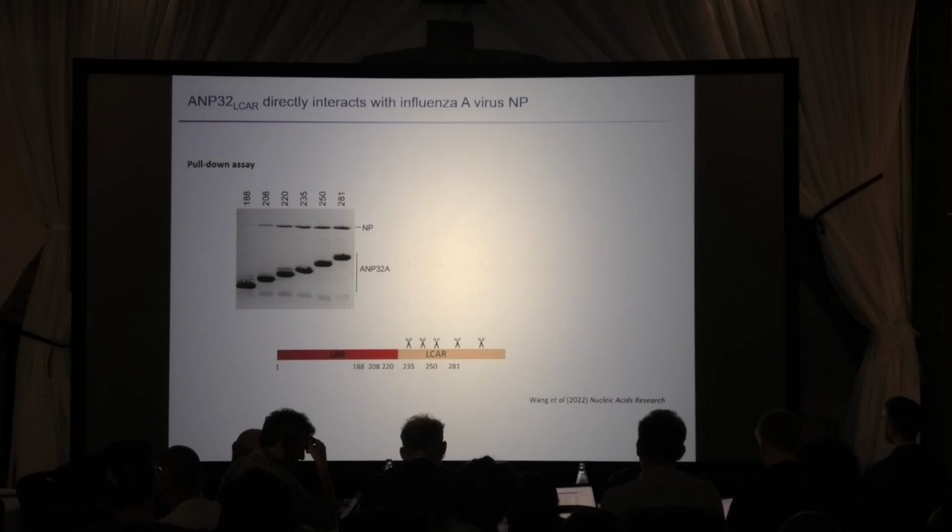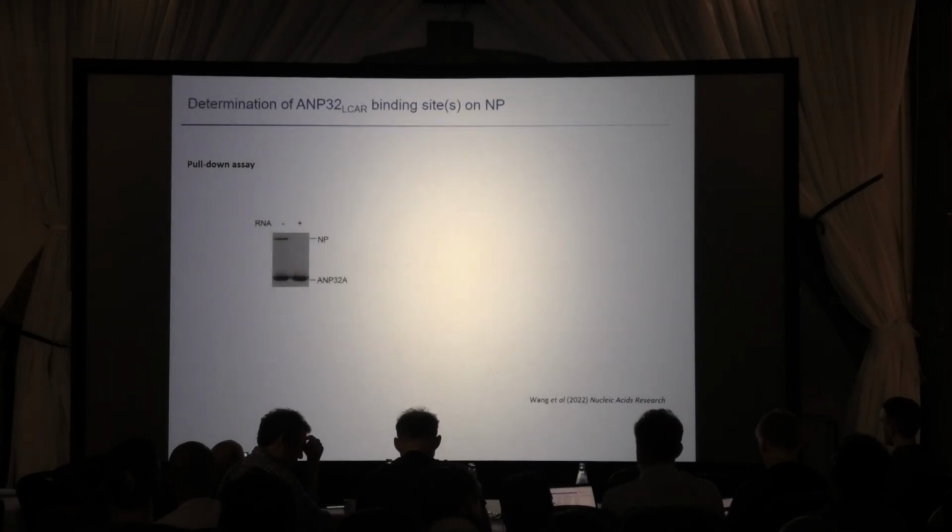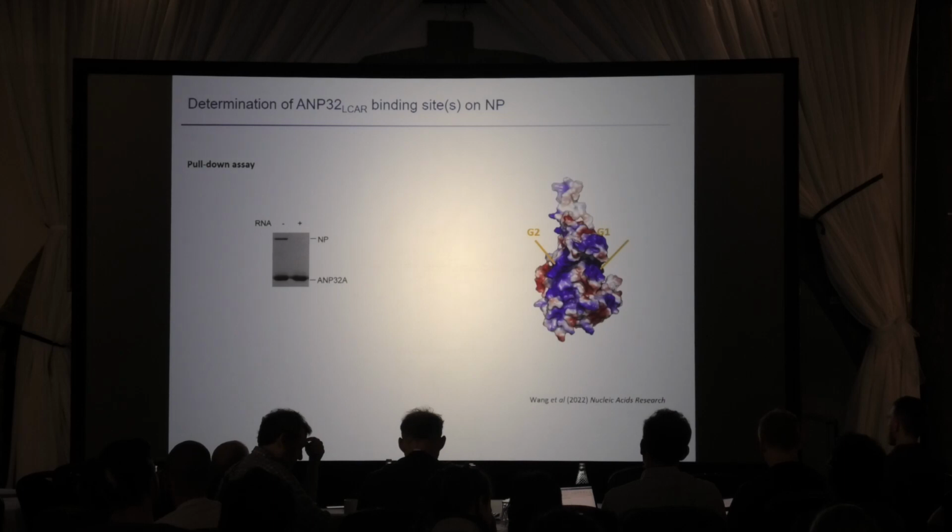So there's some role for LCAR in binding to the nuclear protein. And what we can see is that this bit of LCAR actually binds to the RNA binding groove on the nuclear protein.